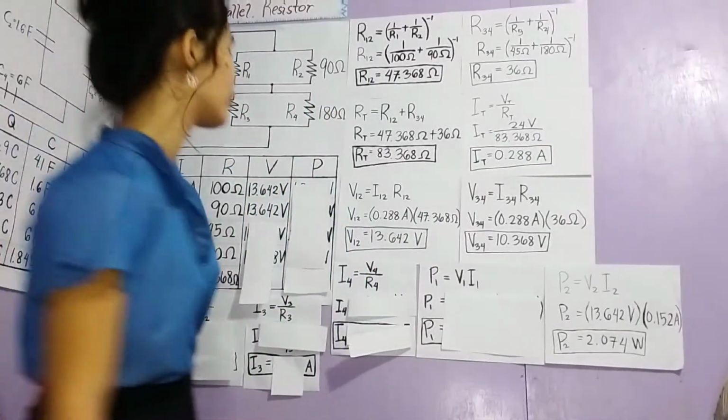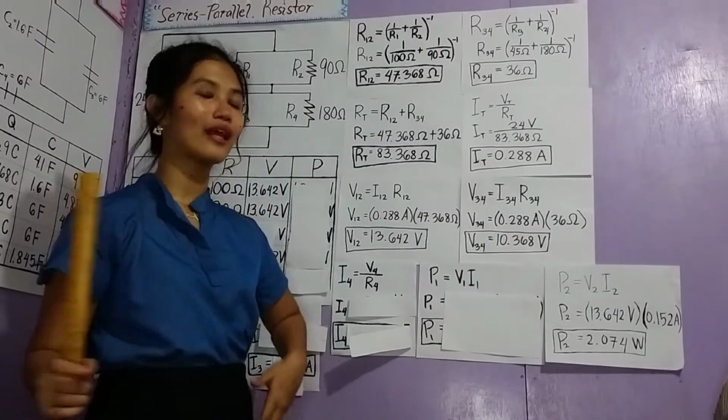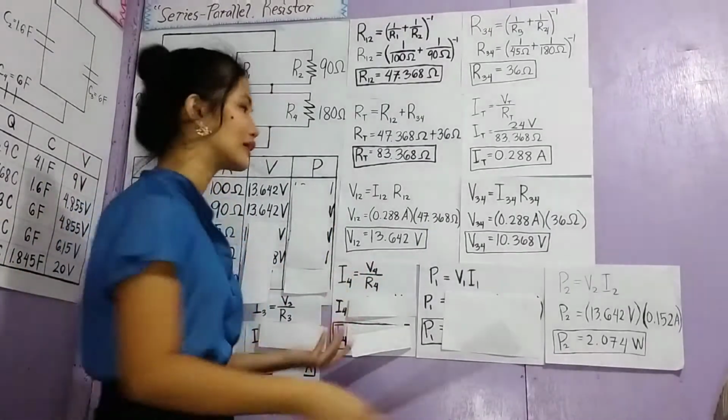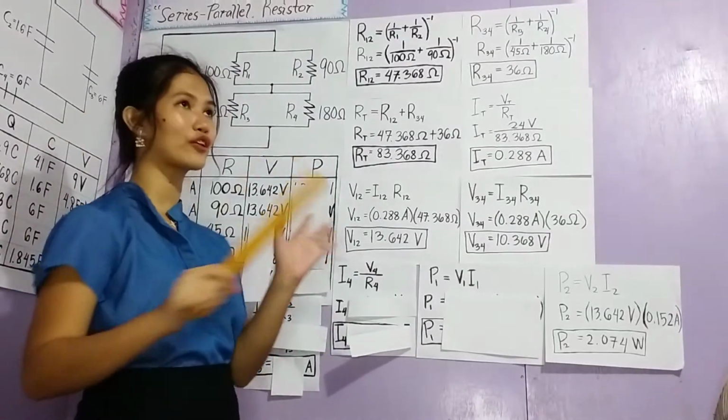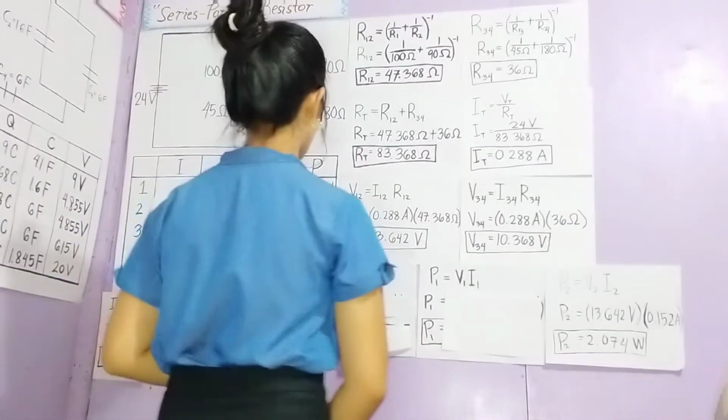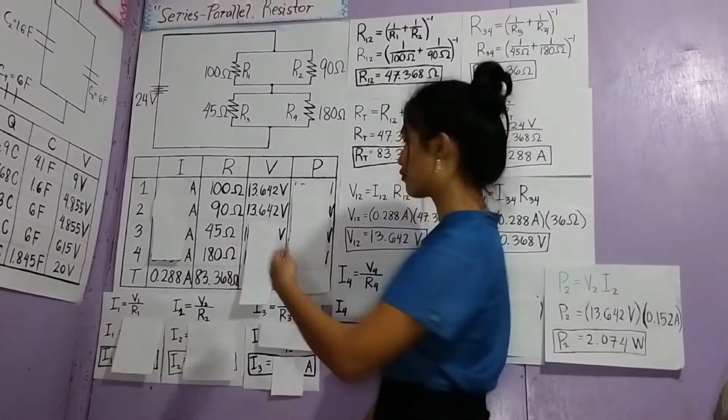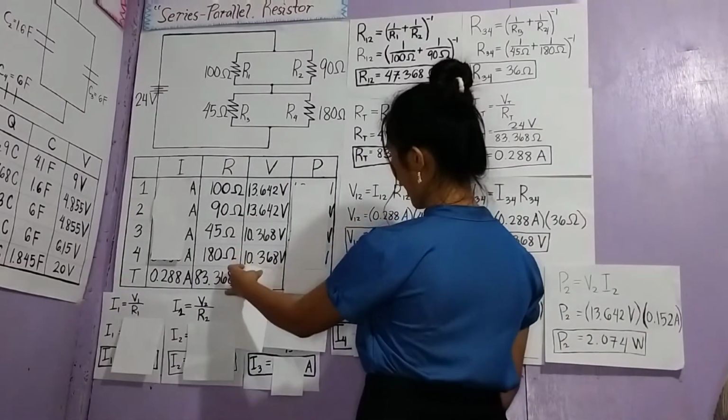So now we have the value for V34, and like V12, since V3 and V4 are parallel to each other, they have the same value or answer.